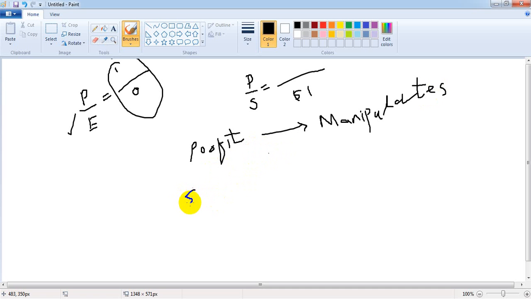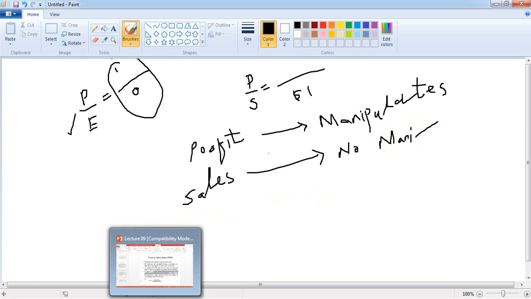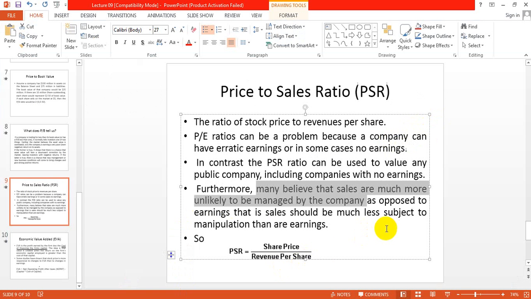But sales, you can't manipulate sales. If there is sales, you can't manipulate it by different methods. No manipulation. You can't make changes in sales.